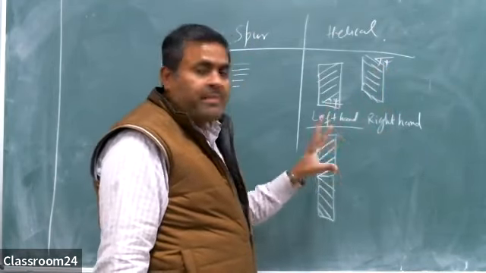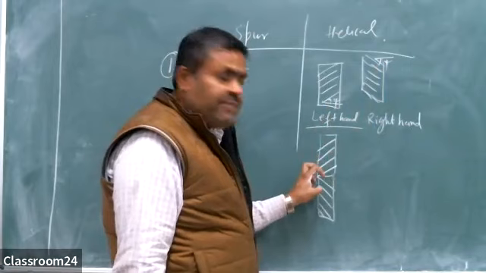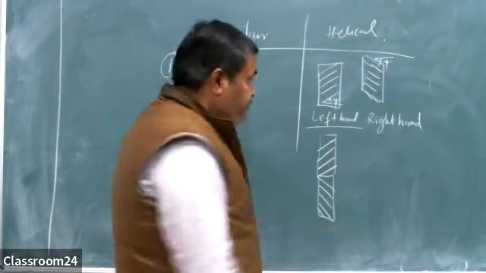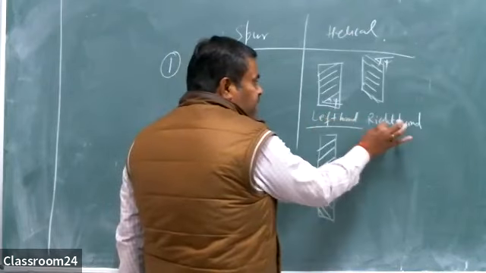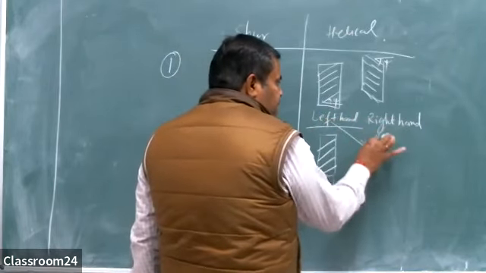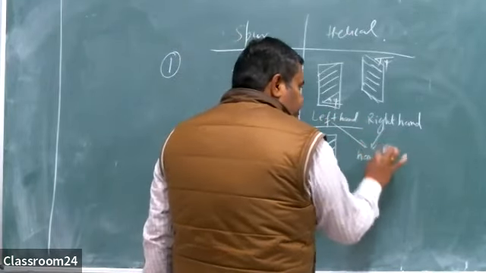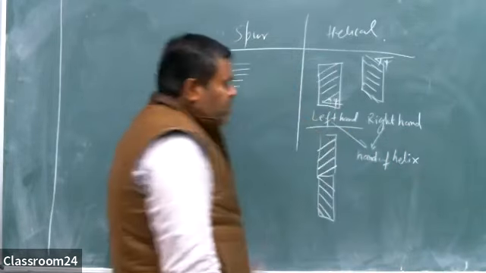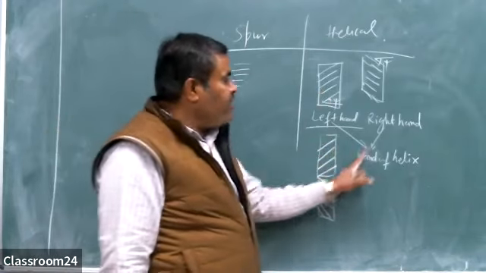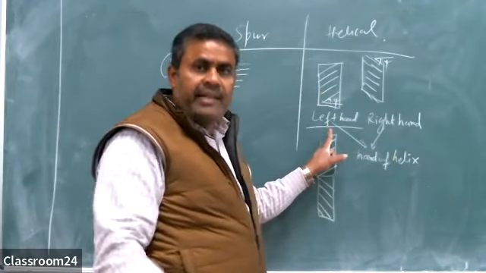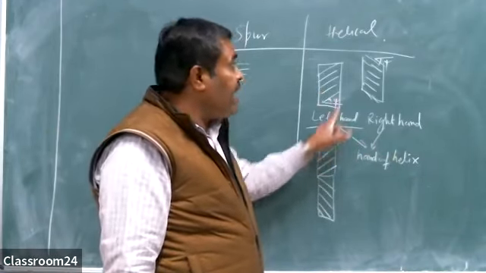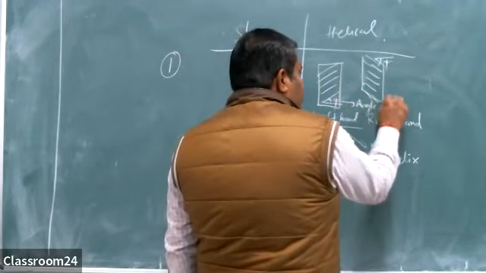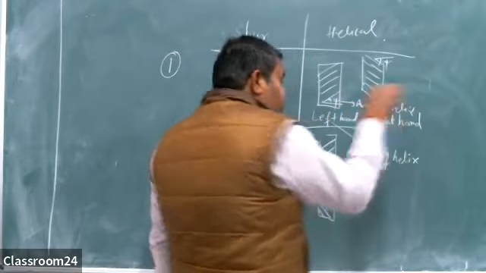Their magnitude must be the same, their helix angle must be the same, but their hand of helix must be different. Left and right here are known as hand of helix. So for proper meshing, the hand of the helix must be different for the pinion and gear, but the angle of helix must be the same. This psi is known as angle of helix.